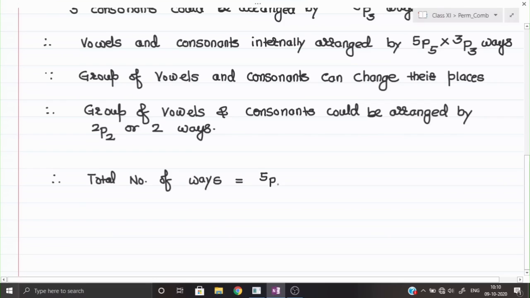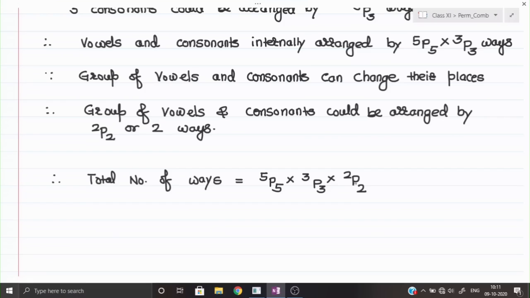Okay, 5P5 we are multiplying with 3P3, and with 2P2, because this will be a part of the whole process. The process starts with the arrangement of vowels, followed by the arrangement of consonants, and ends with the arrangement of the vowel and consonant groups. So this process is completed till there.